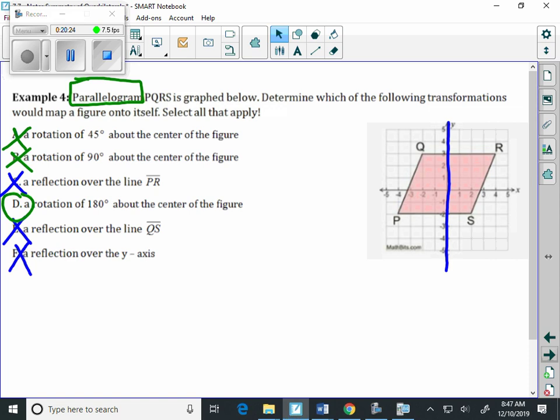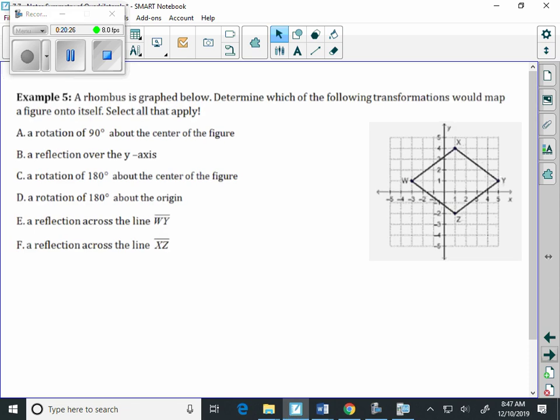And as we finish, this last one here is a rhombus. Up to you. You can start at the beginning or look at the reflections first. But the first one says a rotation of 90 degrees about the center of the figure.